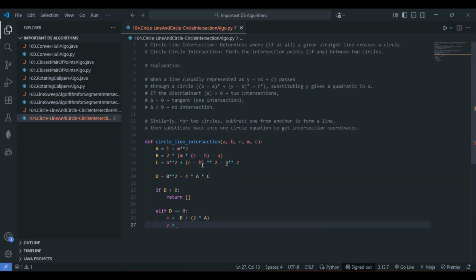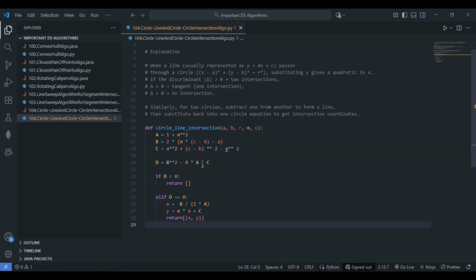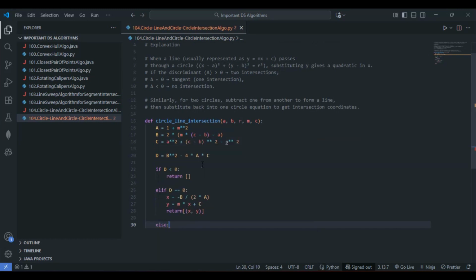Also, let me assign y to m into x plus c. Finally, we have to return the tangent point, x comma y. Very simple one.